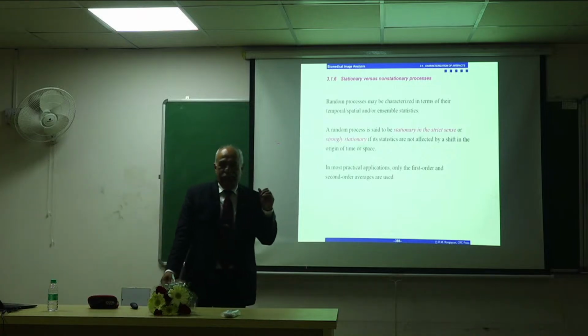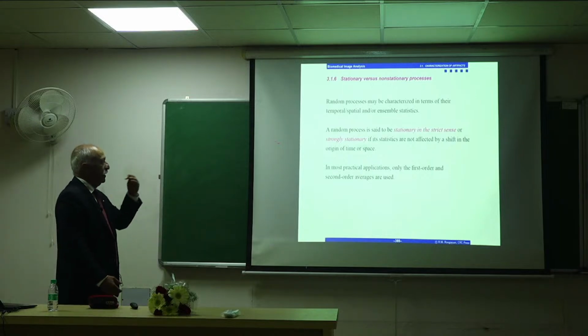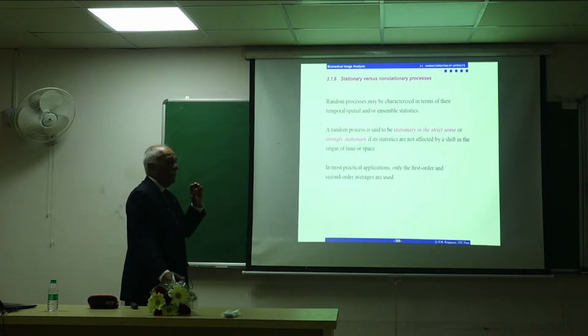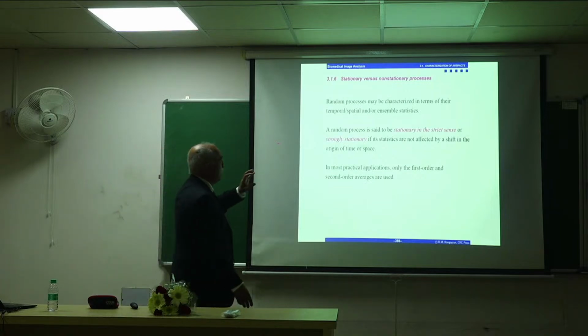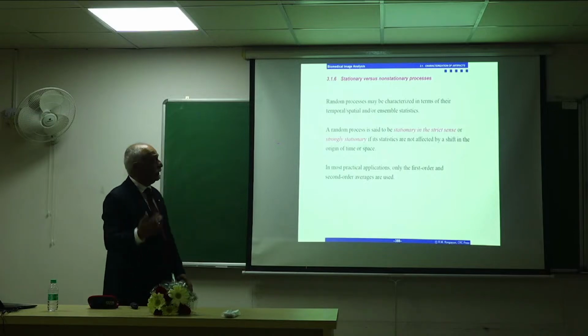To characterize artifact, we have a couple of methods and techniques. You characterize them as stationary or non-stationary to begin with. Random processes may be characterized in terms of all of these statistics we saw, temporal, spatial, ensemble.